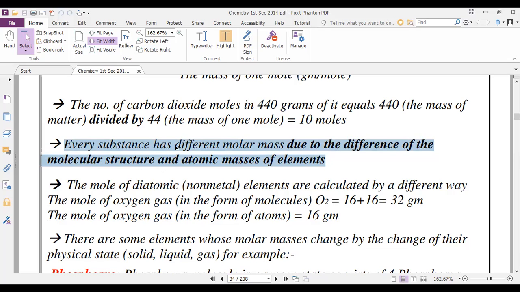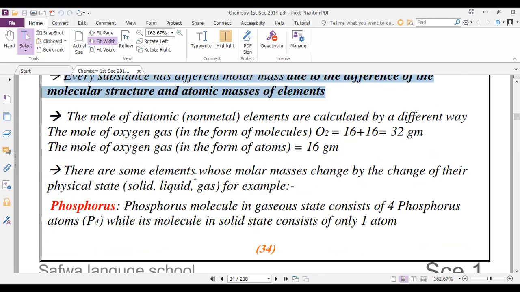So every substance has a different molar mass due to the difference in molecular structure and atomic mass of the elements. For example, the mole of a diatomic element, a non-metal, is calculated differently, as the mole of oxygen gas in the form of molecules, O2, is 16 plus 16 equals 32 grams, right?